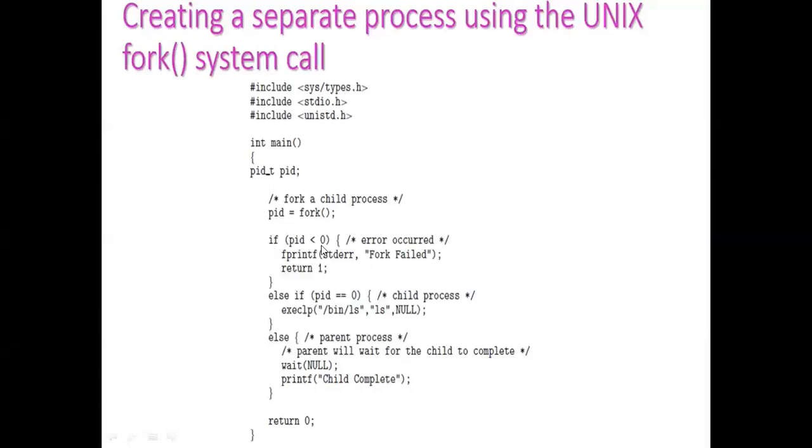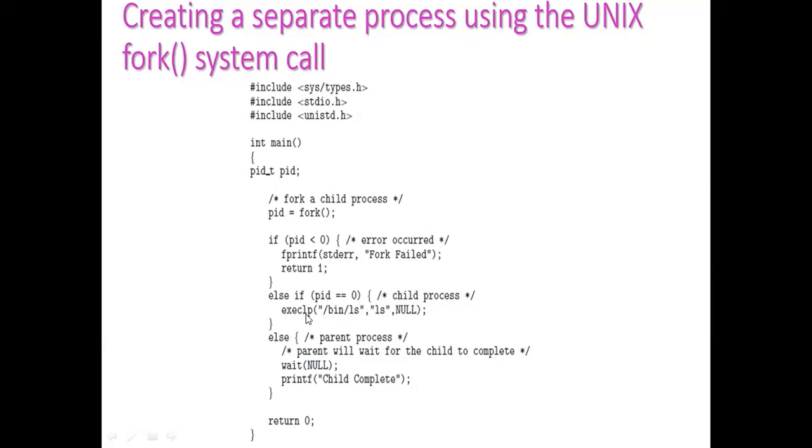If the PID value is less than 0, it means that some error has occurred, and the standard error will print that fork failed and return the value. If the PID value is equal to 0, it means that the child process is being created, and the child process can go on executing its own program code using the exec system call.